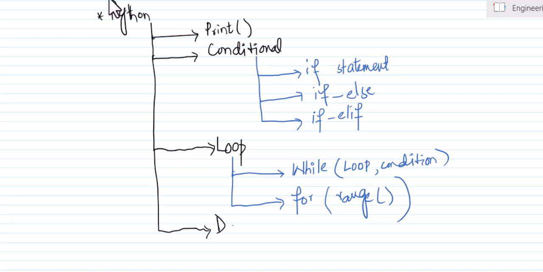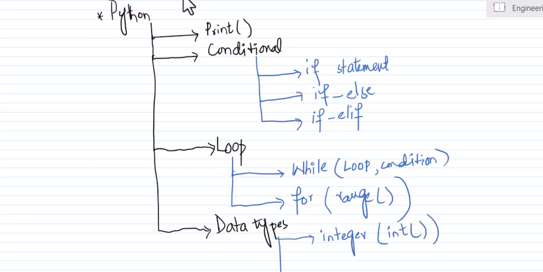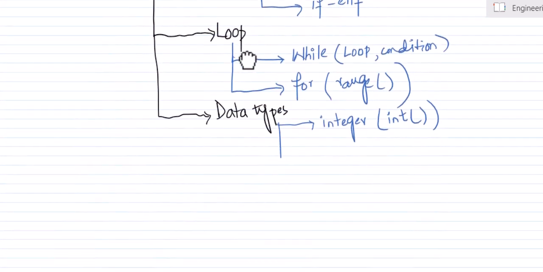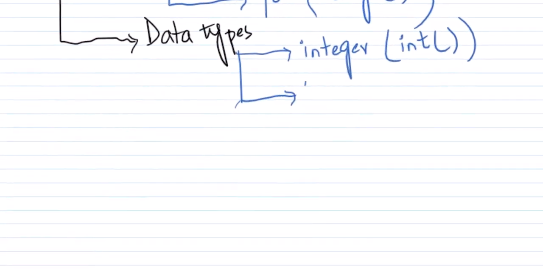Similarly, we have learned about the data types. So what are the basic data types in Python? The first was basically the integer, and in order to convert any other data type into an integer, we have used the int command. Similarly, float was also used here, and the float function was used for the purpose.